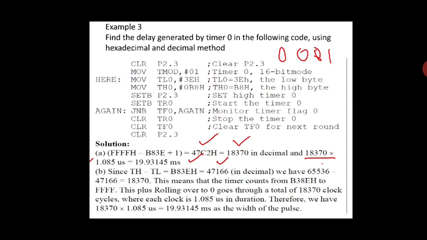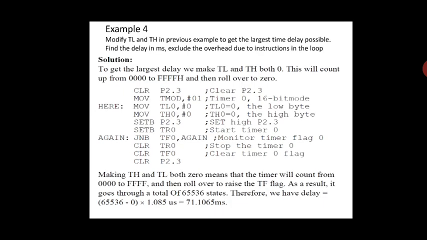Now, the counter begins here from B83E, up till what value? FFFF. Again where will it come back? B83E. Like this it will keep on going. Now instead of this B83E, if I set 0000, if I start from 0000, 0001, 0002, up to what?